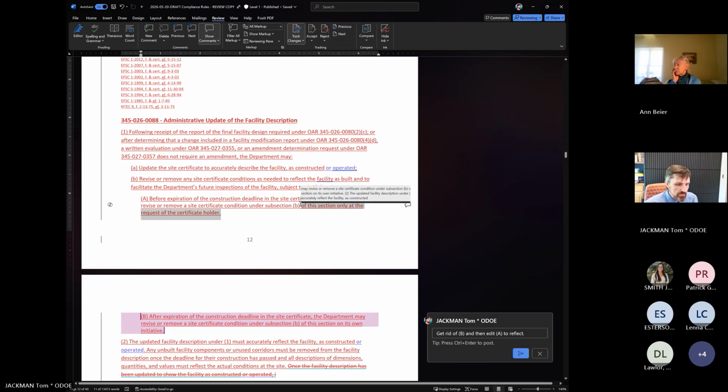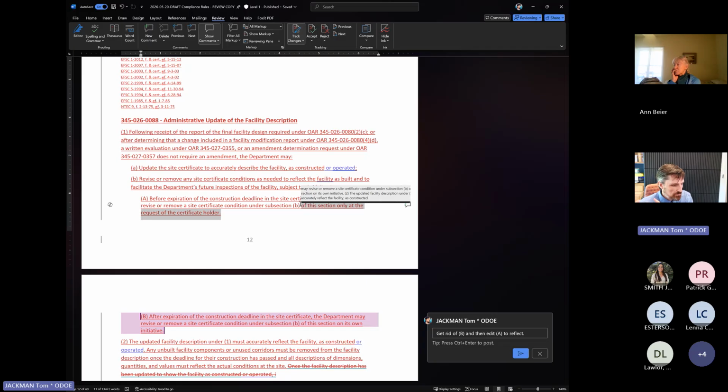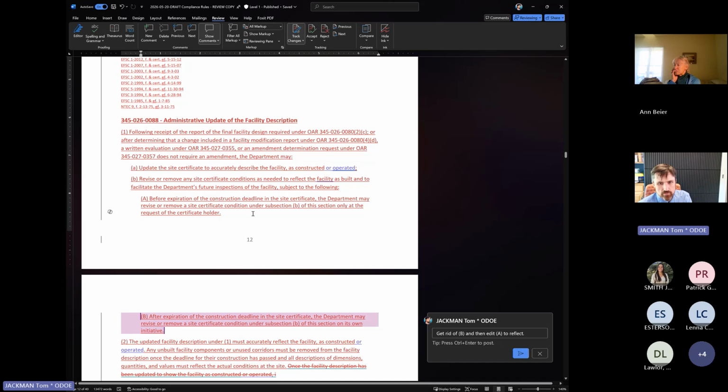Could you remove this so that the site certificate reflects this, then it's clear we only need to deal with these conditions, and these other conditions won't apply because we're not going to build that. They may be motivated to have the site certificate updated just from a compliance standpoint. But we would only change that at their request. That's what A is saying. And then B is that we would only ever touch it ourselves if, after the construction deadline, you didn't build something.